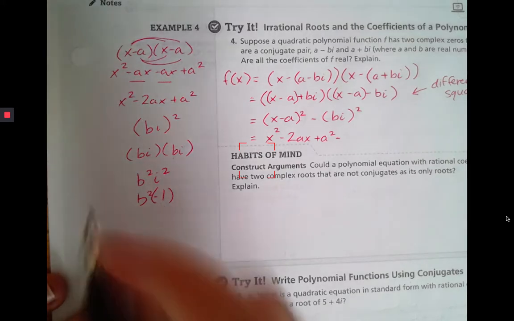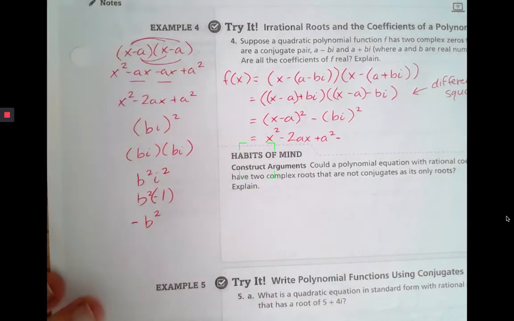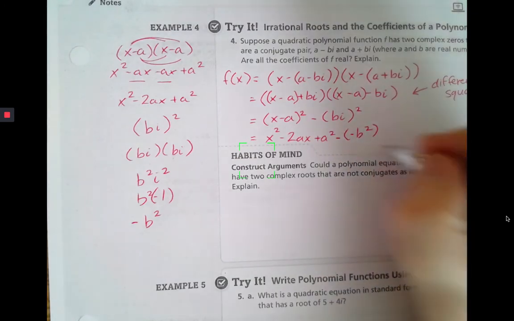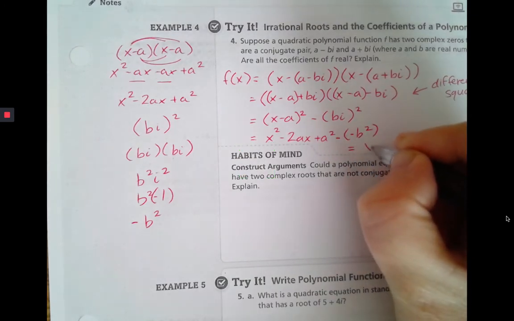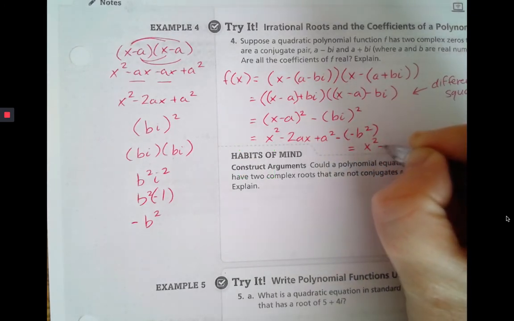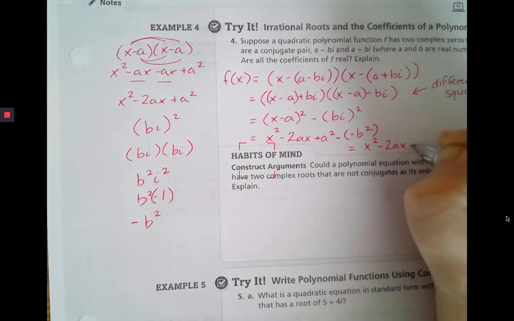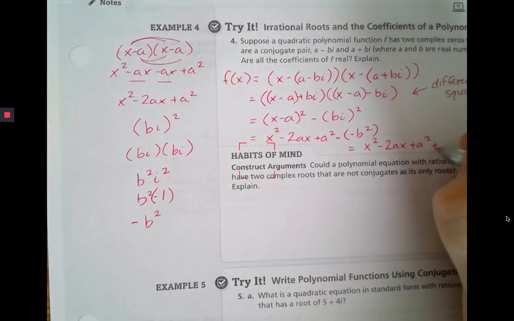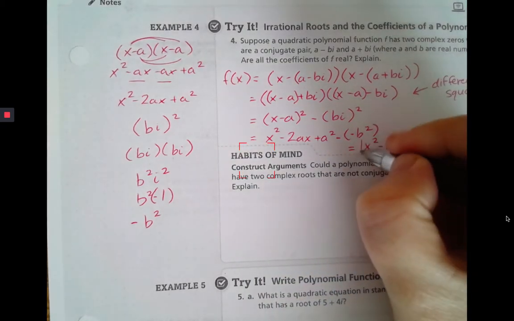So b squared times negative 1 is just a negative b squared. So minus b squared. So guys, my final answer here would be x squared minus 2ax plus a squared minus a negative b squared, so that makes it plus b squared.